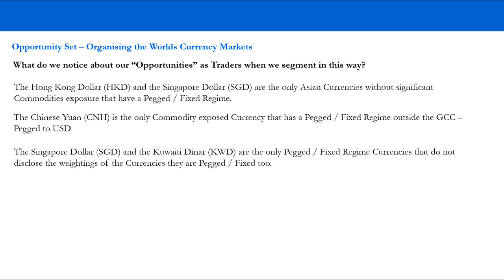They're the only ones without significant commodities exposure that actually have a pegged or fixed regime. The Chinese yuan is the only commodity exposed currency that has a pegged or fixed regime outside the GCC, and that's pegged to the US dollar. And the Sing dollar and the Kuwaiti dinar are the only pegged or fixed regime currencies that don't disclose the weightings of the currencies they are pegged or fixed to.